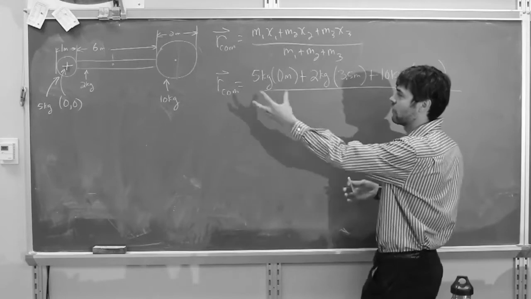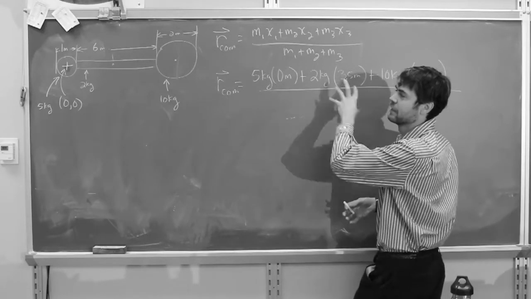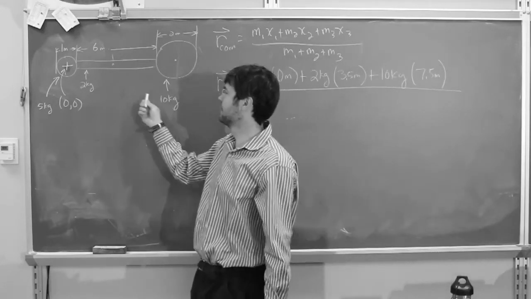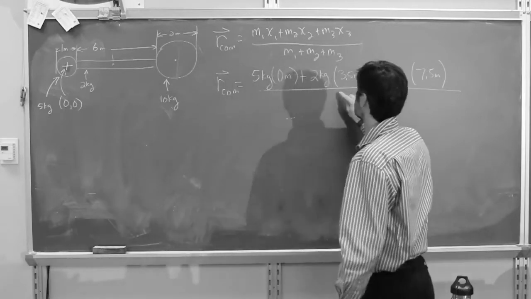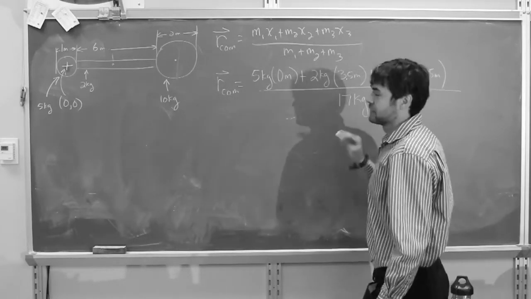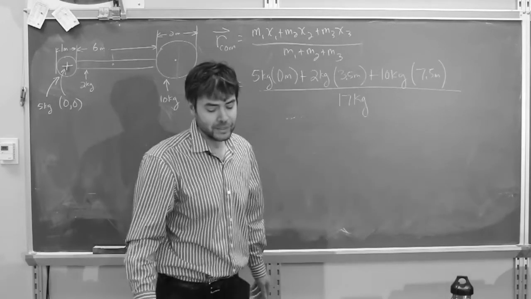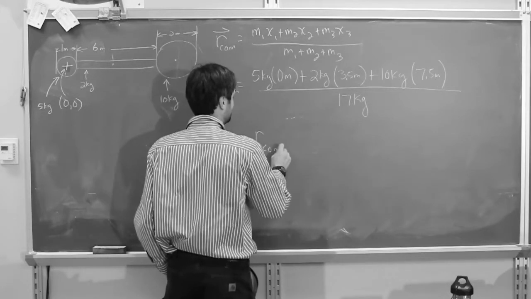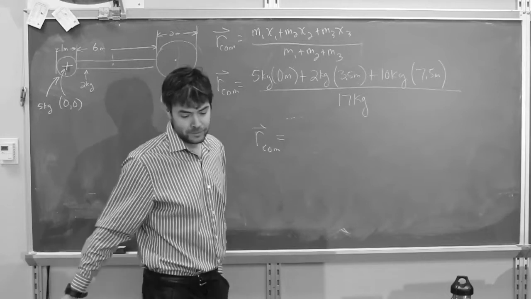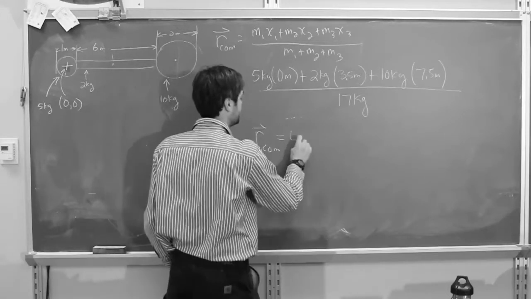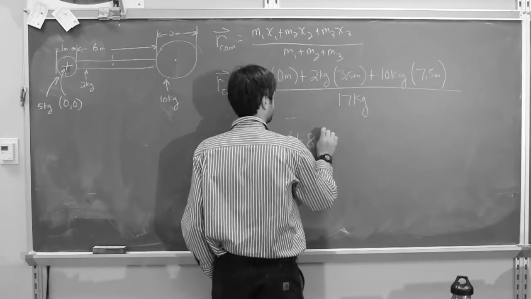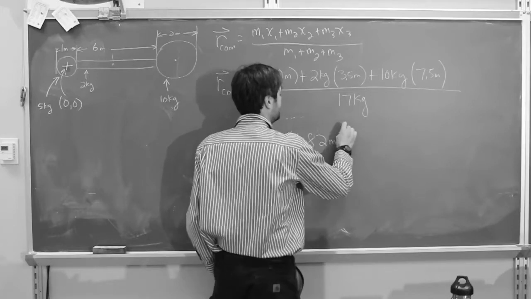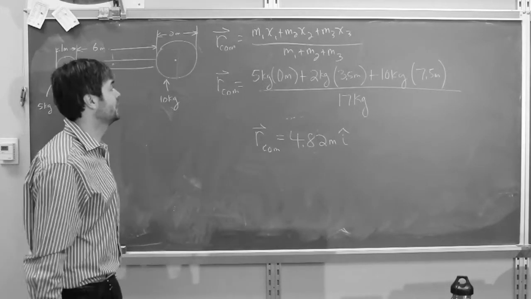We're putting all of the positions times their masses divided by the total mass of the system. It's 10, 2, and 5, so that's going to be 17 kilograms. And if you do the math on that, it comes out to be 4.82 meters. That's in the i-hat direction.